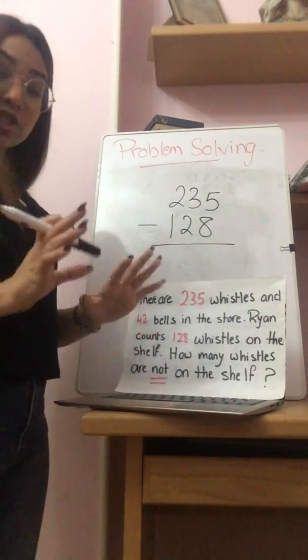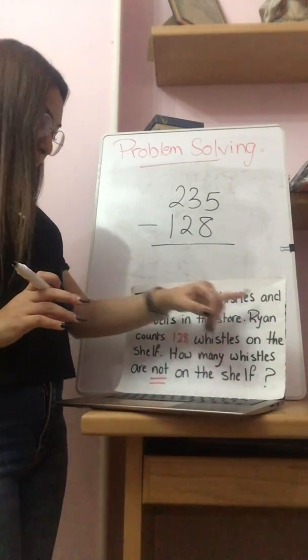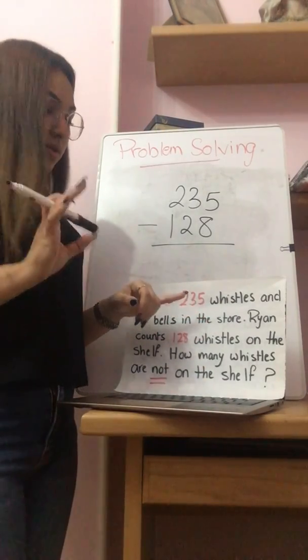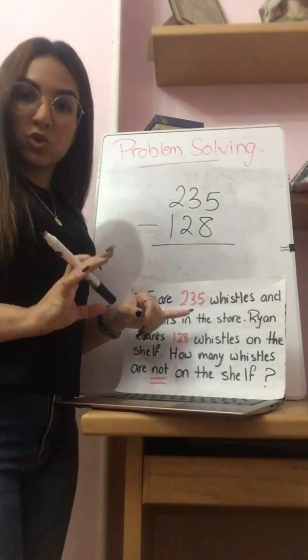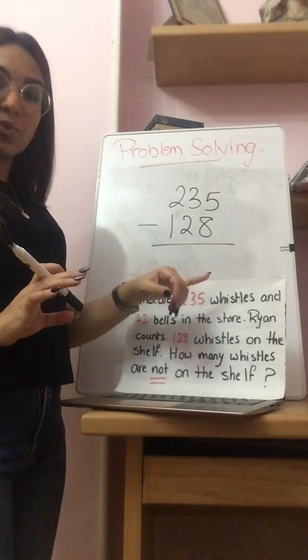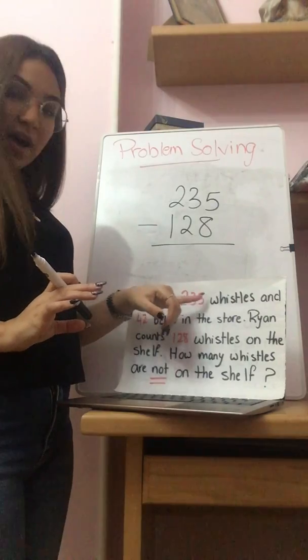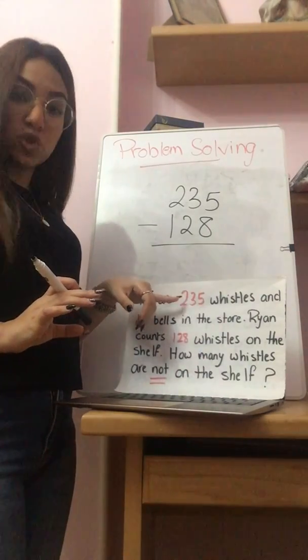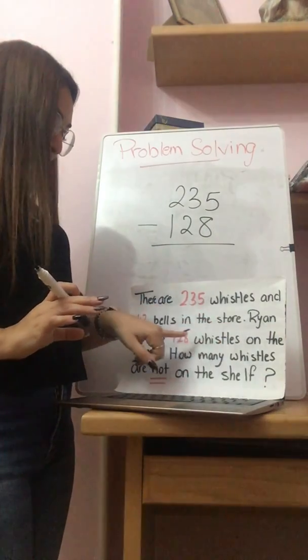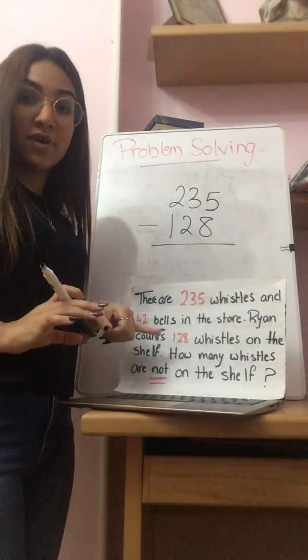Okay, first of all, this information, 42 bells in the store, is not important in solving the problem solving. I just need the information related to the whistles. 235, as you can see, is the total number of whistles that I have in the store, and 128 whistles are on the shelf.